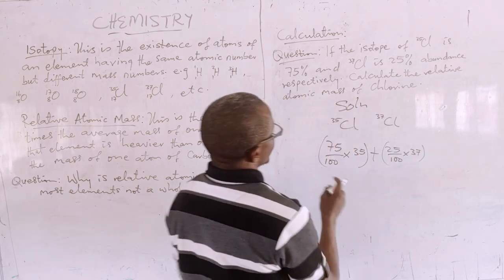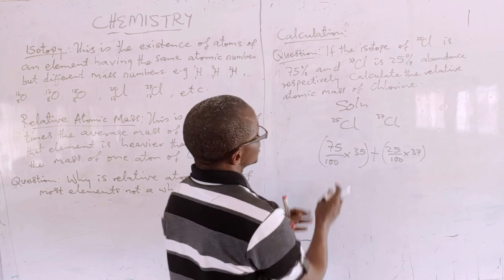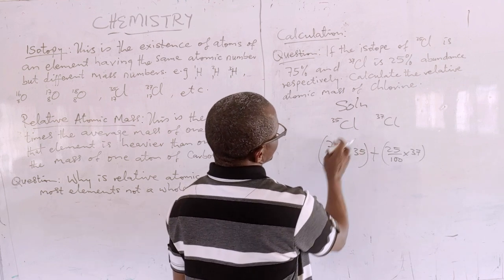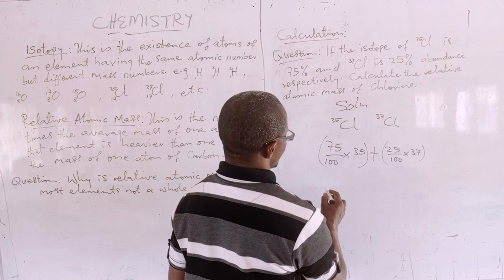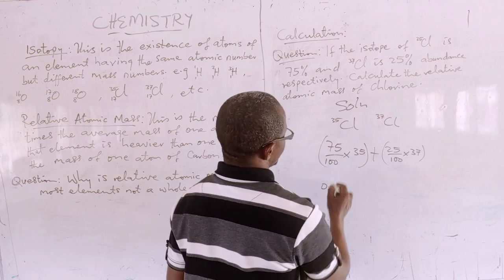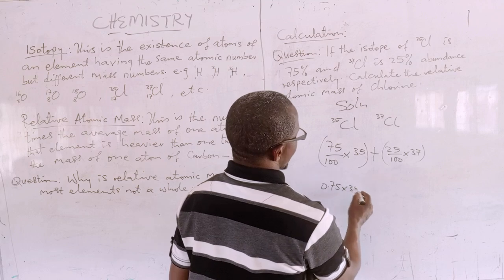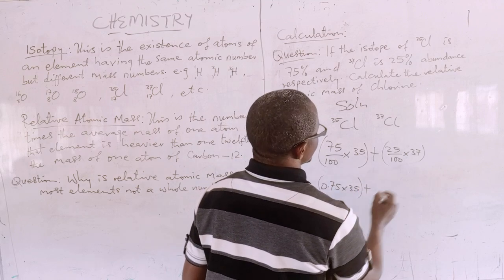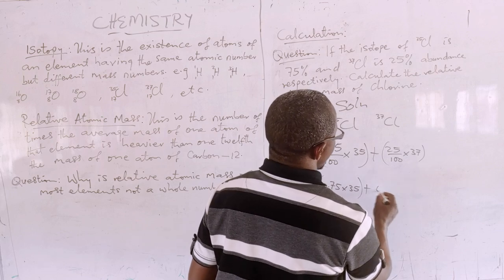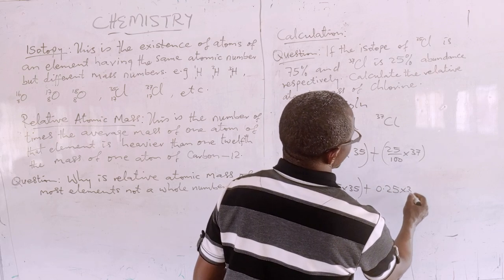So now when you work the mathematics, dividing this by this, you have 0.75 times 35 plus 0.25 times 37.